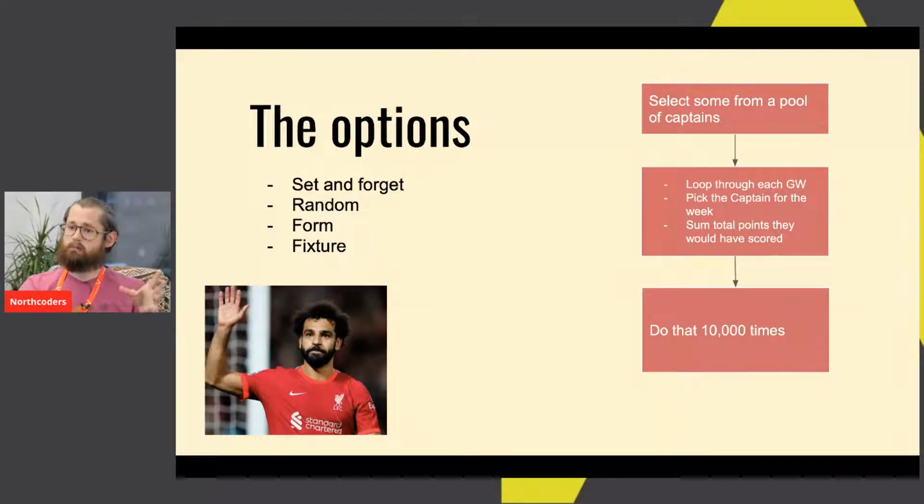And then I'm going to sum the points over the course of the season that they would have scored. And then I'm going to do that 10,000 times. And what that's going to do is it's going to get me some data that's going to show potentially which of these methods is the best or the most efficient to help me make my decision.